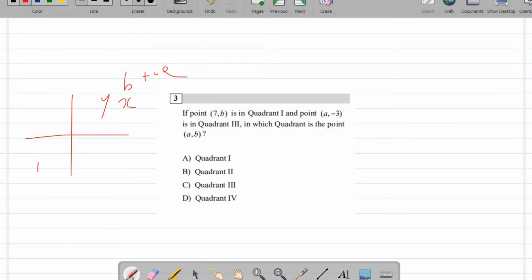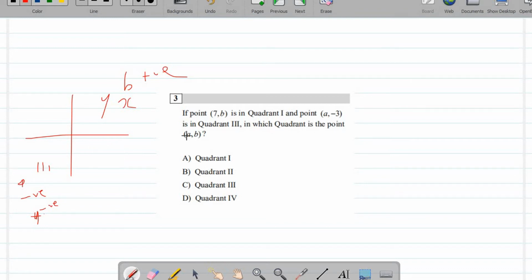This is quadrant 3 here. If it's in this quadrant, x is negative, so a is negative, and -3 is the y value, which is negative. At this point, both x and y are negative.